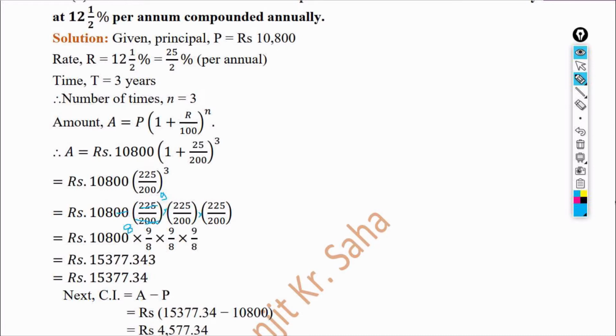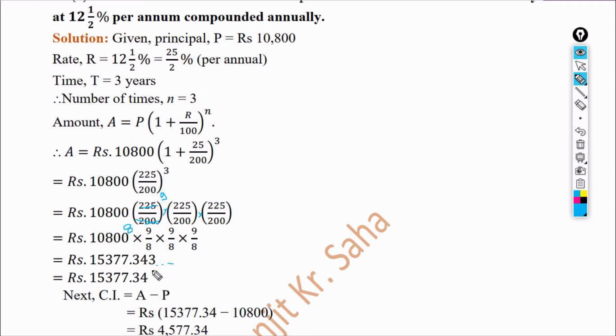Then like that you can write rupees 10,800 into 9 by 8 into 9 by 8 into 9 by 8. It is very simple, and by solving this we can say rupees 15,377.343 and so on is the amount.